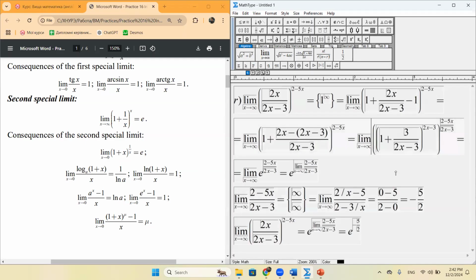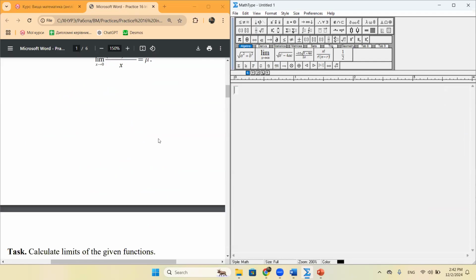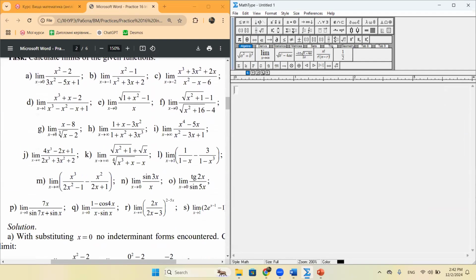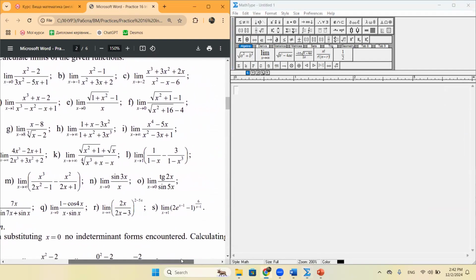Okay, if no questions, let's solve the last exercise for now. Just so we have some time, and I guess we will do it in time. So one more usage of such limits.